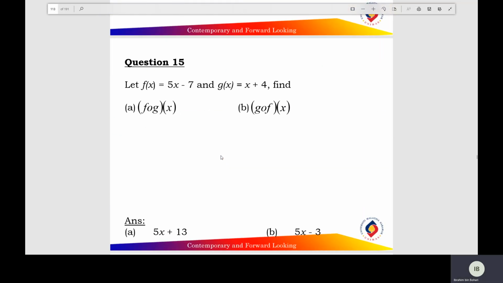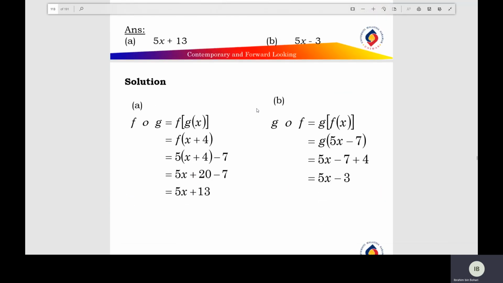Okay, question 15. Given the linear functions f(x) equals 5x minus 7 and g(x) equals x plus 4, find the composite function f of g in question A, and in question B find g of f.